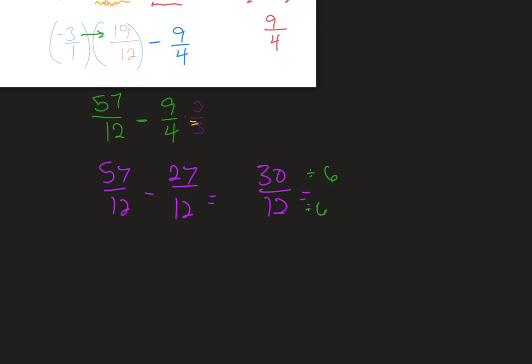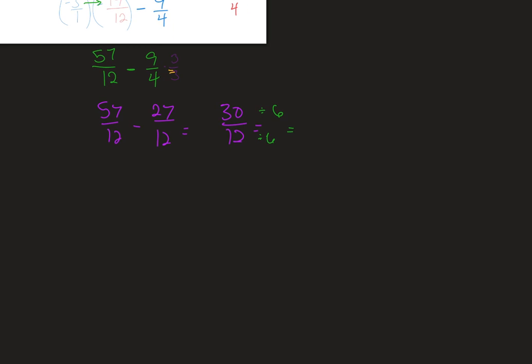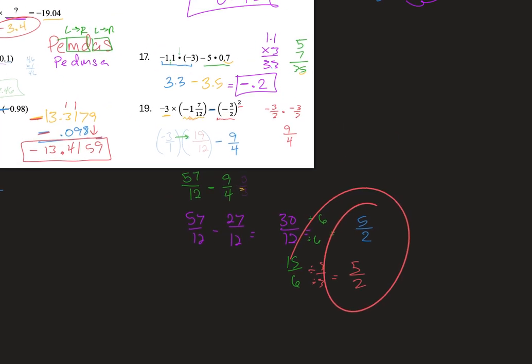So let's just do that. And if you're like, but I don't see that, then divide by 2, okay? In fact, I'll do it. If I divide by 2, I get 15 sixths. But if I divide by 6, I get 5 halves. And if I divide this, well, actually, then I have to divide this by 3, divide by 3, and I would get 5 halves. So 5 halves is your answer for number 19.